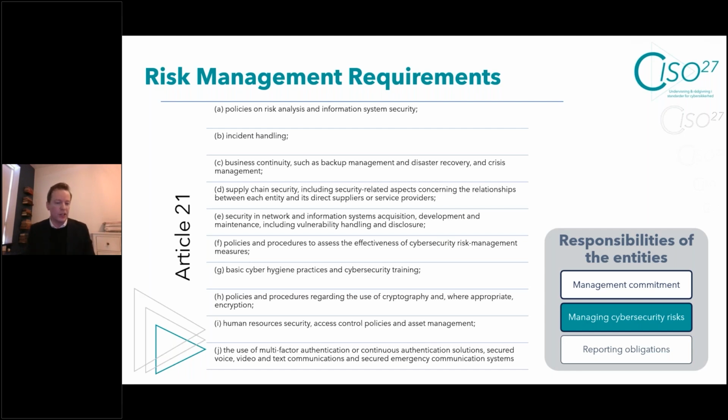Article 21 is fairly clear on the fact that we need a risk approach. Again, we know it's from the GDPR. Now it's a risk approach that ties to the services we deliver for the society, not for the data subject, of course. And then the directive goes even further and lists a couple of minimum requirements for controls. And I think this is a place where any organization should invest a lot of its time right now.